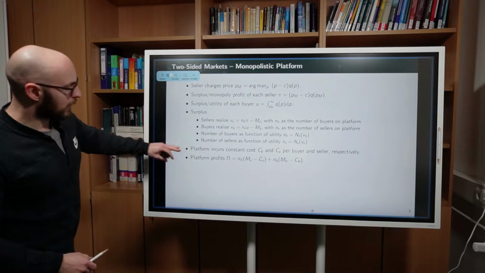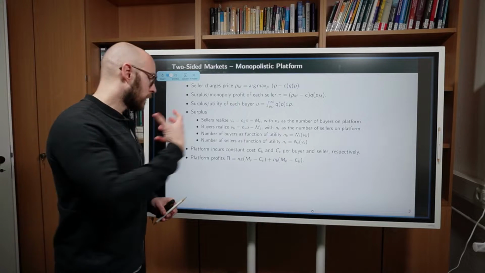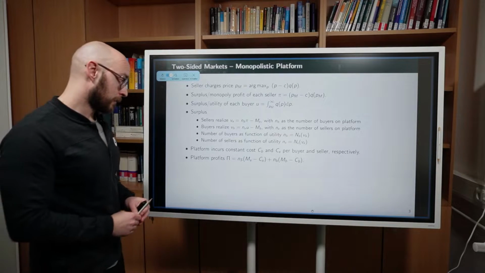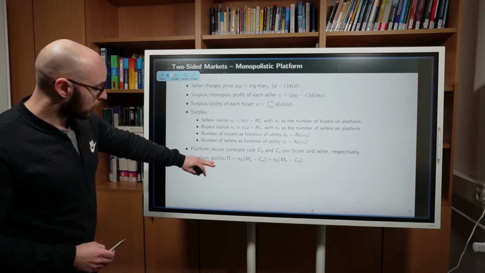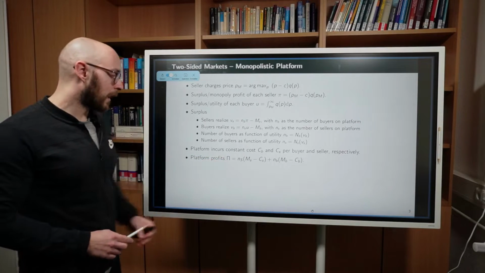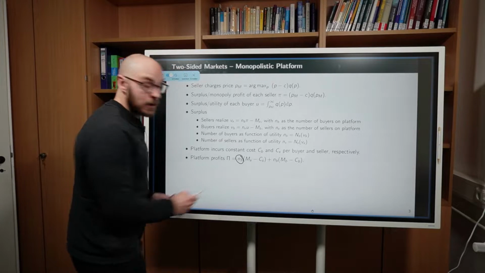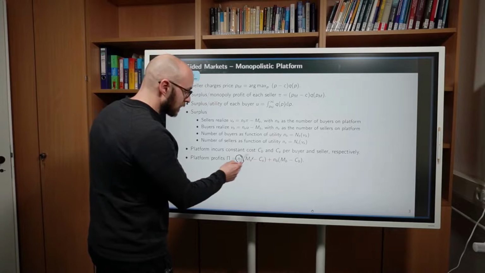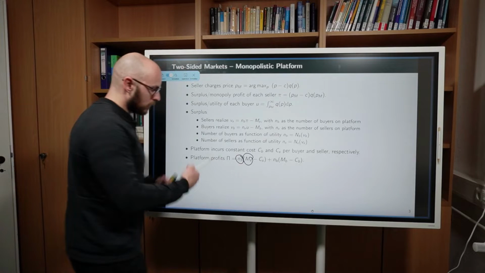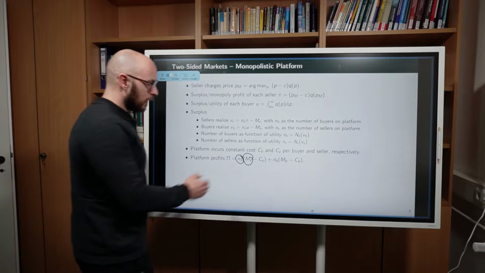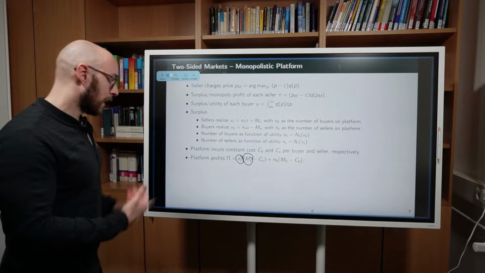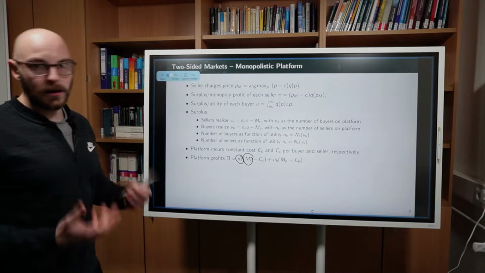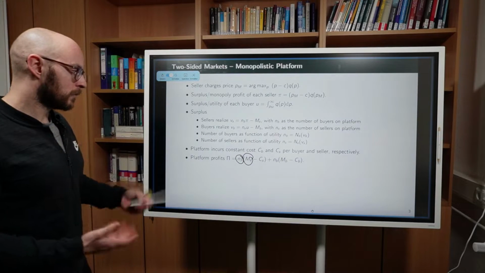Now, a platform, if it serves a buyer, incurs a constant marginal cost CB, and the same for the seller. What does this mean? We learn from this that the platform profits, capital pi, are the number of sellers on the platform, you get as a revenue your fixed fee MS, and you pay the cost that each seller generates, right?